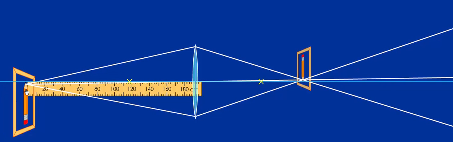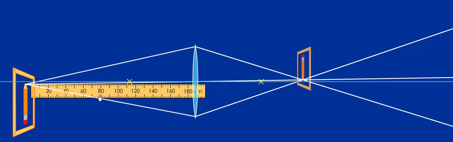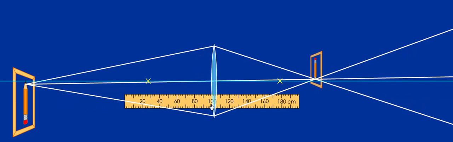Now, this is the first position that we're going to take the reading. So, measure the object distance u here. This is the object distance u. Measure that and record it. All right, I'm going to move the ruler to the other side.